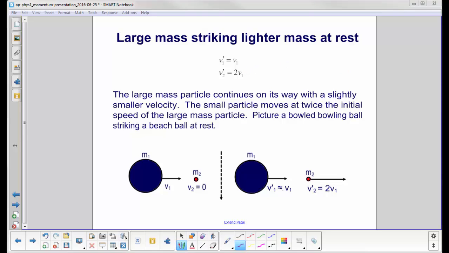A good example is a very massive bowling ball striking a very light beach ball. The bowling ball will keep moving with approximately the same velocity, and the beach ball will take off with twice the velocity of the bowling ball. That's pictured down here, although this is a very tiny beach ball and a very large bowling ball. You can see the effect right here.